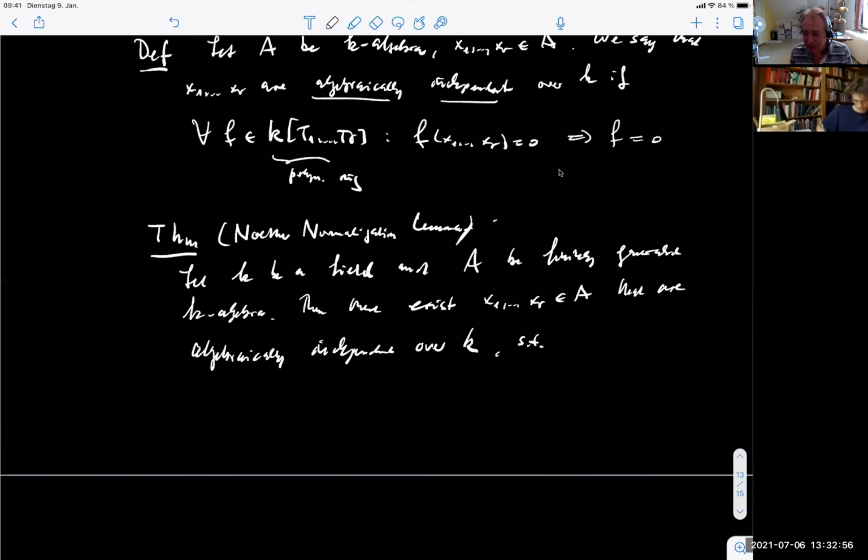Otherwise maybe you take no element or just one. You want to take as many as you can. And one way to say it is this way.